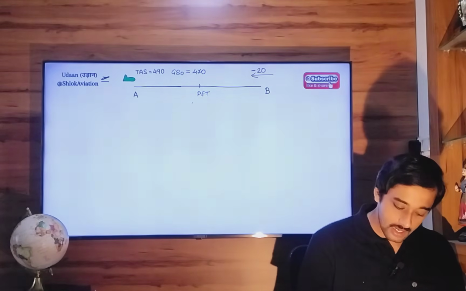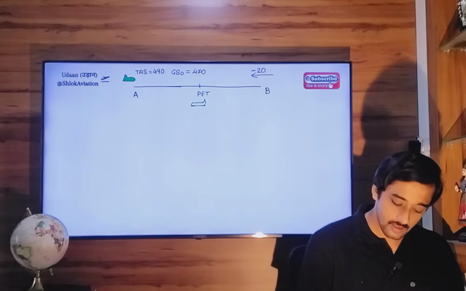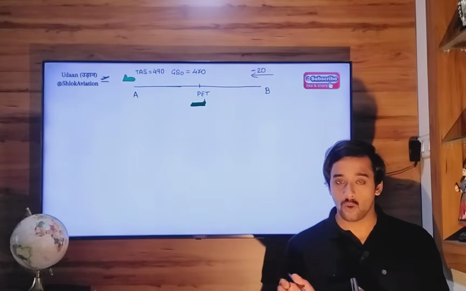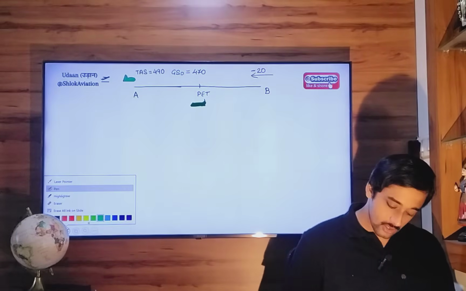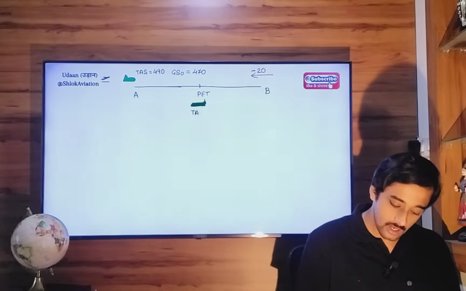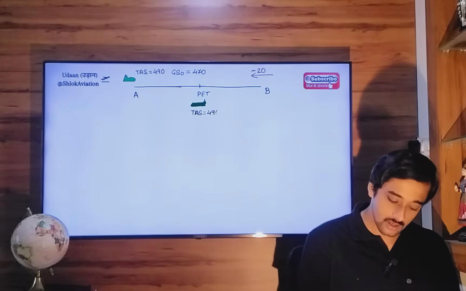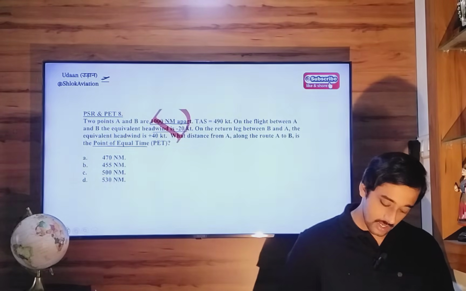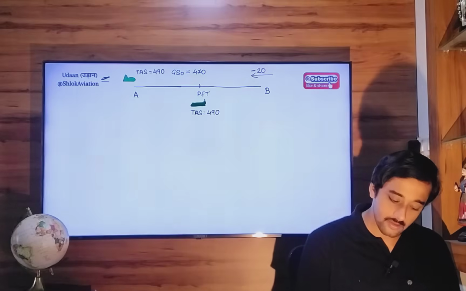So next, flying homebound. Okay, at point of equal time, you decide to fly homebound. So the true airspeed of your aircraft will be 490 knots, and tailwind is plus 40.